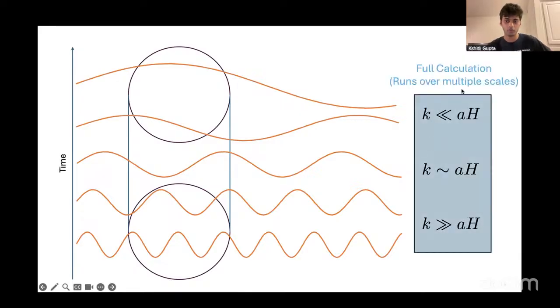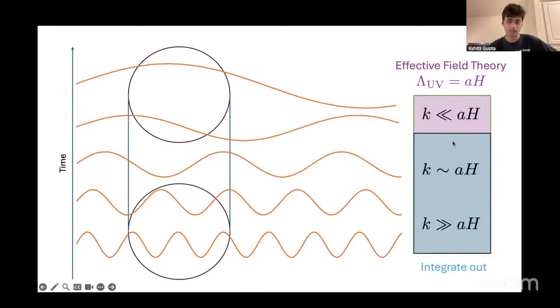So when you do any calculation in de Sitter, you will track the life of the mode from inside the horizon to outside the horizon, and it will run over all of these scales. But the EFT we want to consider will have a cutoff given by aH, and it will only focus on the behavior of modes once they've crossed the horizon, and everything else we are integrating out. So that's the physical picture behind the EFT.